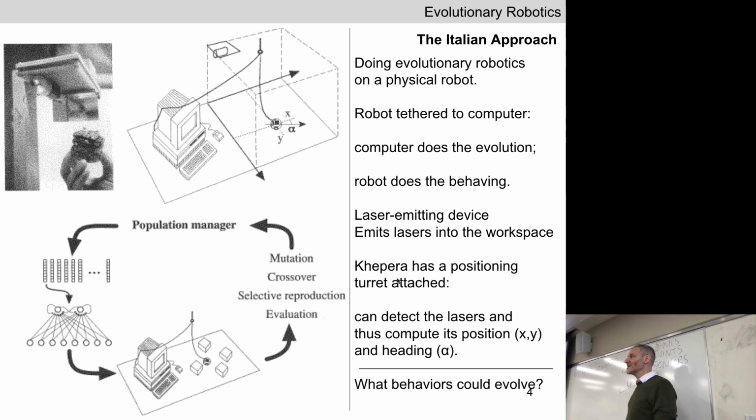So there are 3 sensor values coming in this hypothetical experiment: X, Y, and alpha, and then the neural network would say, given the current X, Y, and alpha, motorized wheels move like this. So far, so good? Okay, given that setup, what kinds of behaviors could you evolve for this little hockey puck type robot?